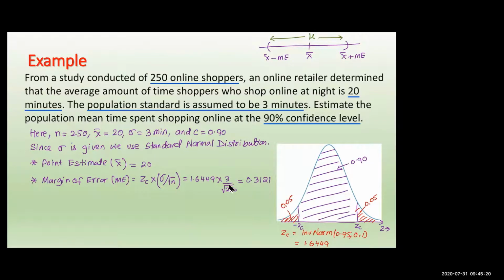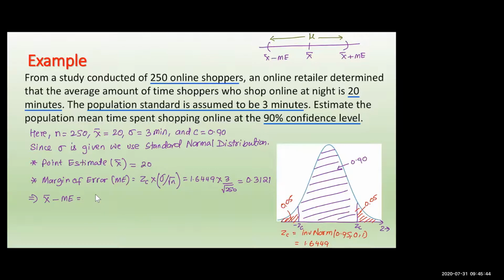So we got the point estimate, which goes here in the middle, and we have the margin of error. That means we can add and subtract the margin of error to get the boundary for the interval. So let's do that.